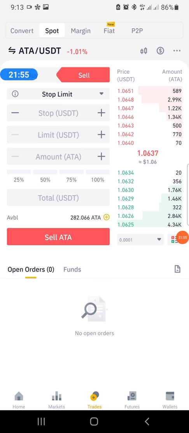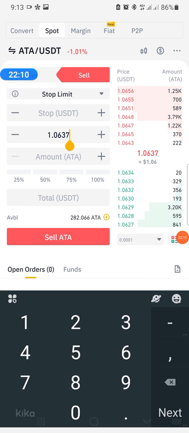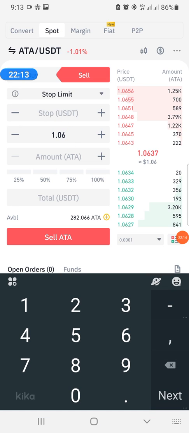Giving a practical example, let me use this particular coin again. Let me use the current market price. Okay, I want to sell at the rate of 1.0656, and I want it to stop selling at 1.0656, and I want to use 25% of what I want to sell.